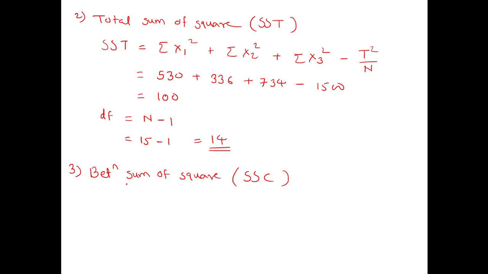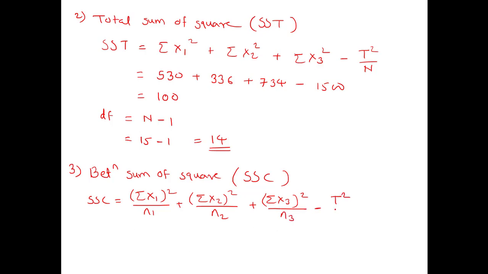So the formula for this is SSC is equal to summation of x1 square upon n1 plus summation of x2 square upon n2 plus summation of x3 square upon n3 minus T square by N.